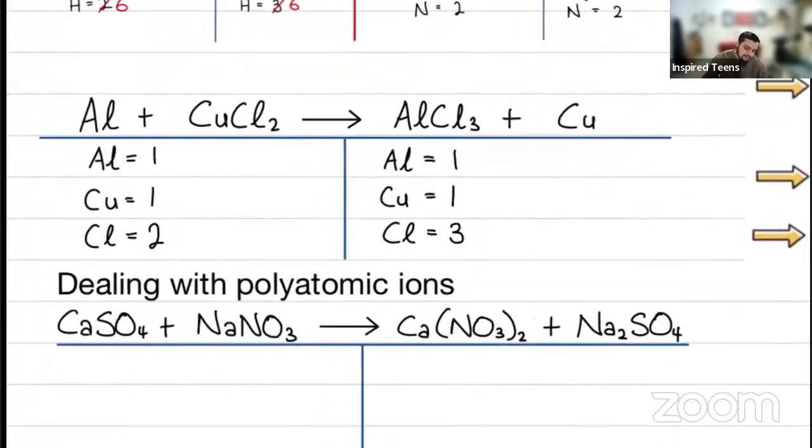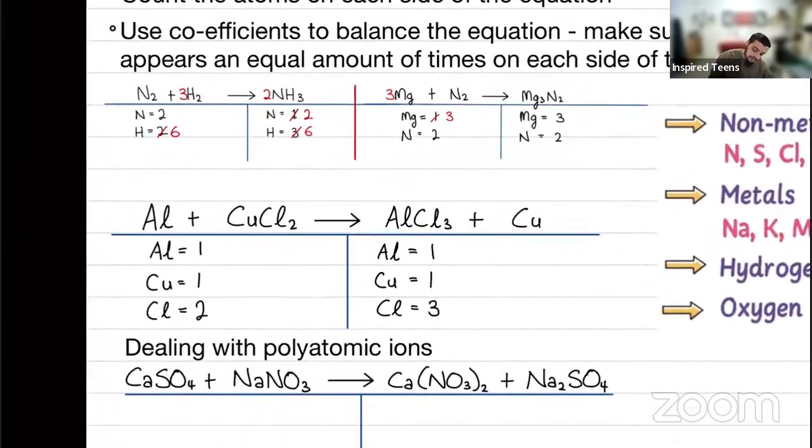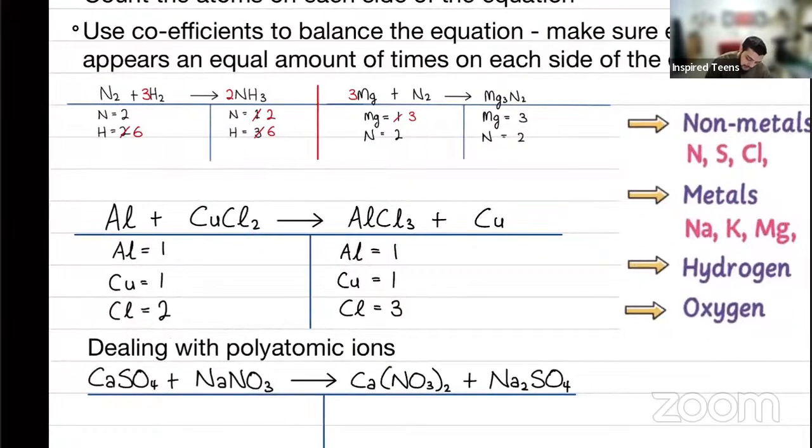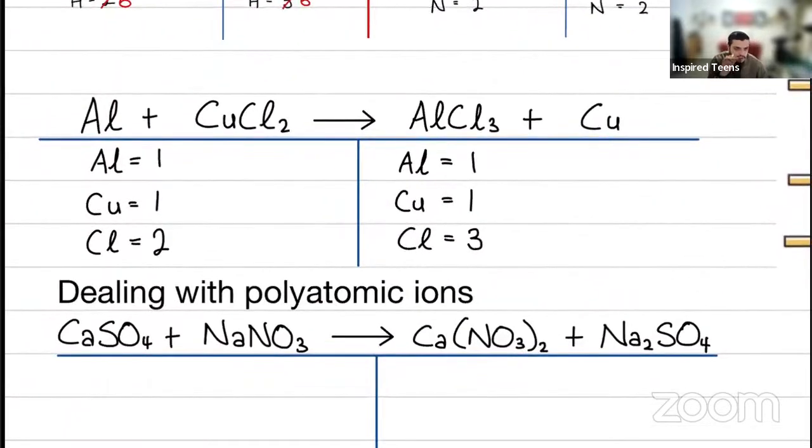Okay, so now sometimes you might find yourself in a bit of a predicament where you don't know which one to balance first. So a lot of the times what you can do is just use your discretion to see what I'm working with on the left, what I'm working with on the right. So here we can clearly see that the aluminium and the copper are balanced, but the chlorine is the problem.